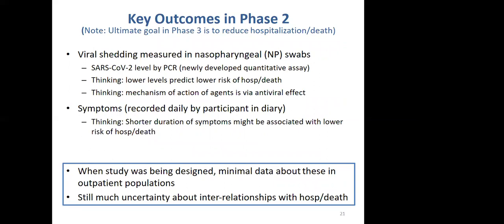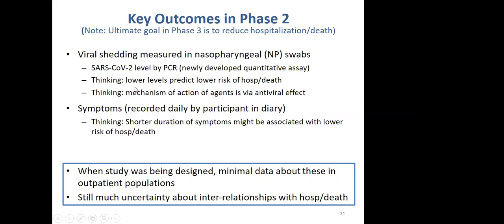And obviously these assays were being newly developed as the pandemic was rolling out, so we didn't even know much about the performance of the assay that we were going to use. We do know now that the particular assay we have is extremely good.